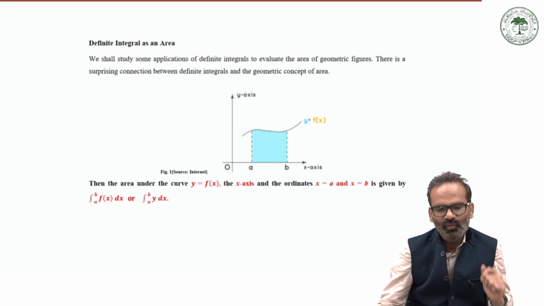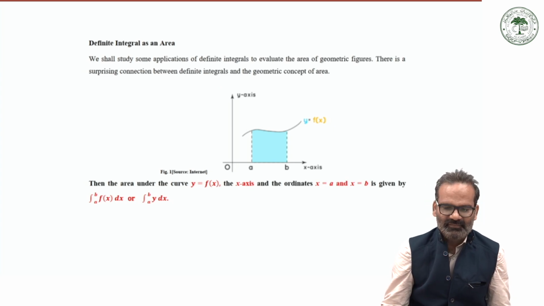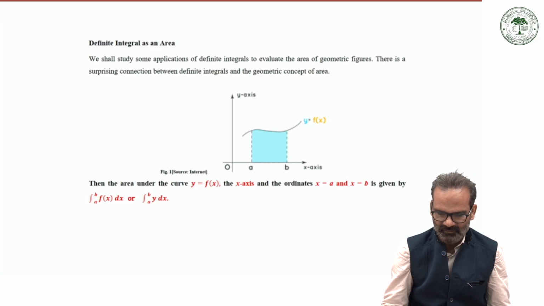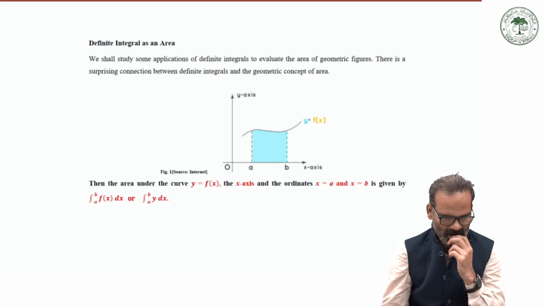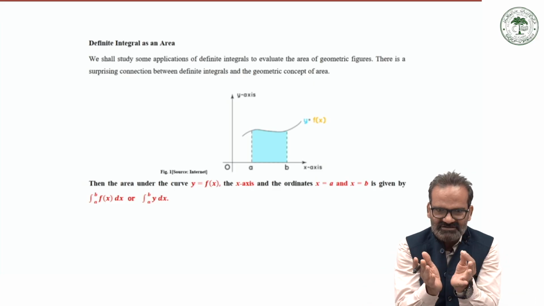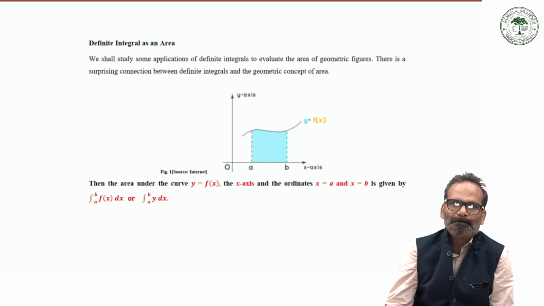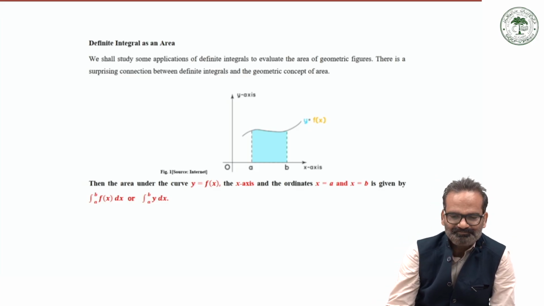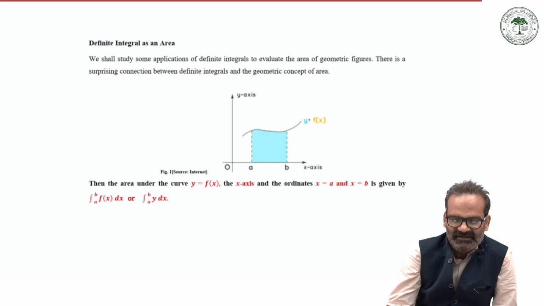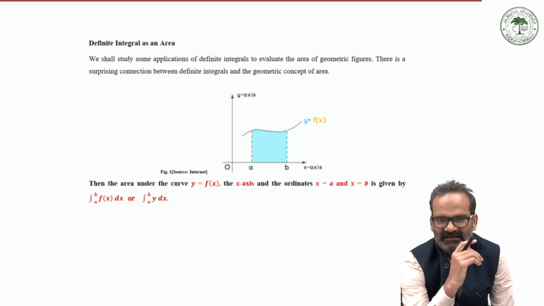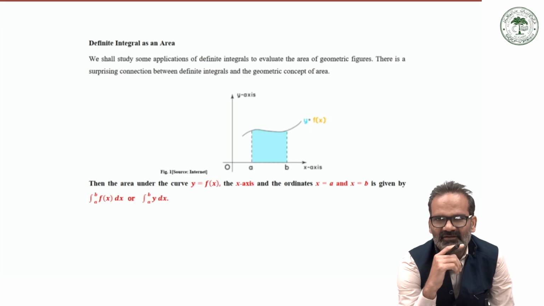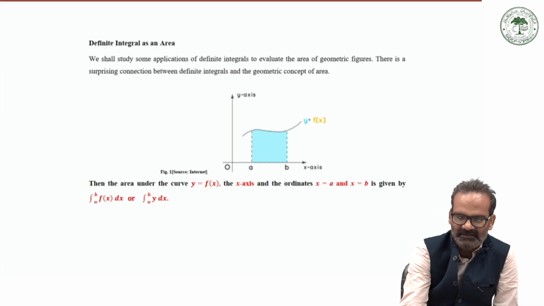So how can we find the area of any geometric figure whose one side is enclosed or bounded by a curve? Let us take this figure first, and then you will understand the concept. Here we have the x-axis and y-axis, and we have taken a curve y equals f(x).